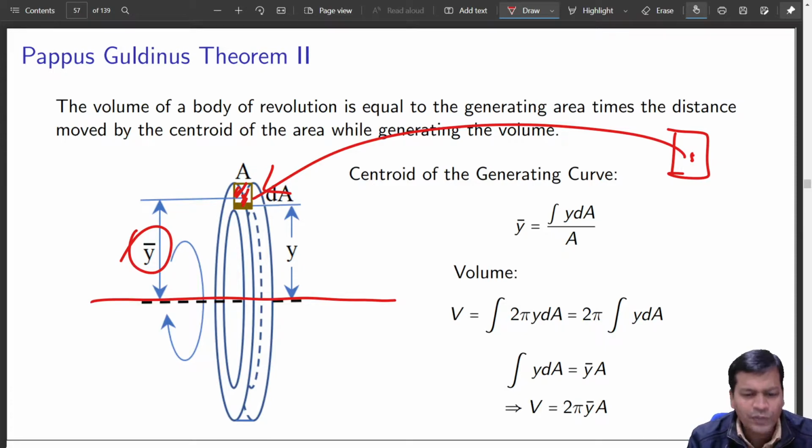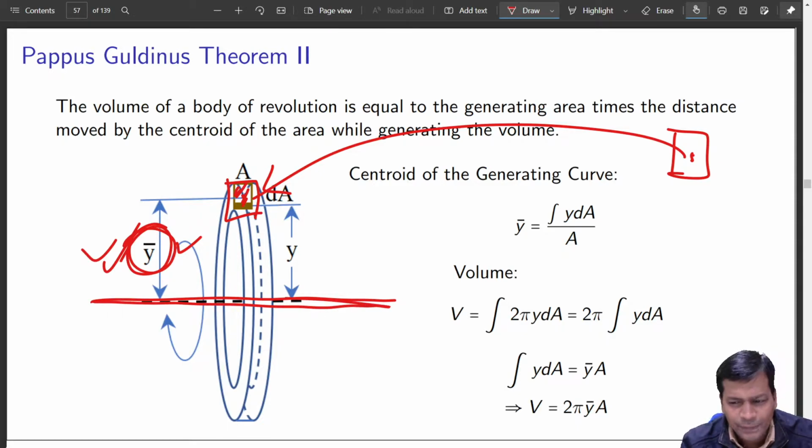So the volume of that will be 2 pi y bar times this area. And what is y bar? Y bar is the centroid of that area measured from this axis of rotation. So you got it?